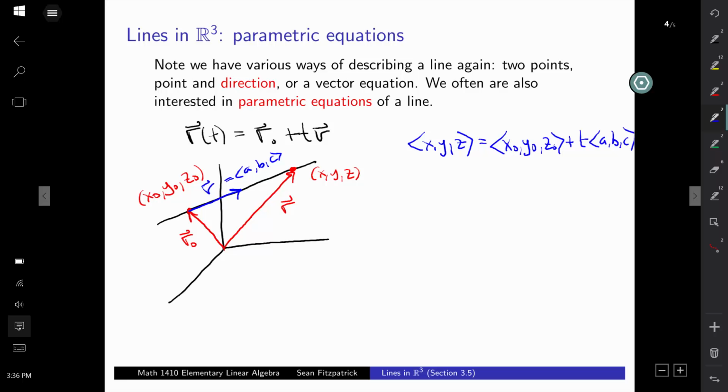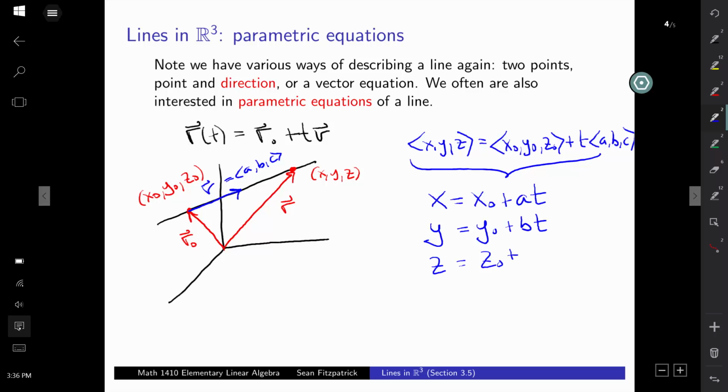And so if I equate components here, if I look at the x components and break things down term by term, I get that x must be equal to x naught plus a times t. Y is equal to y naught plus b times t. Z is equal to z naught plus c times t.